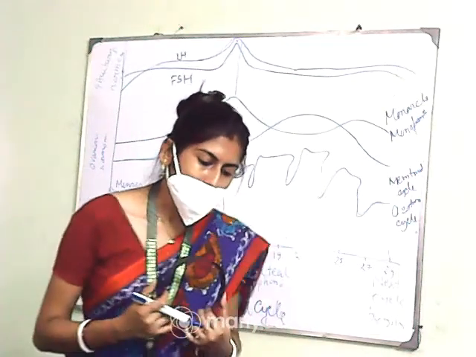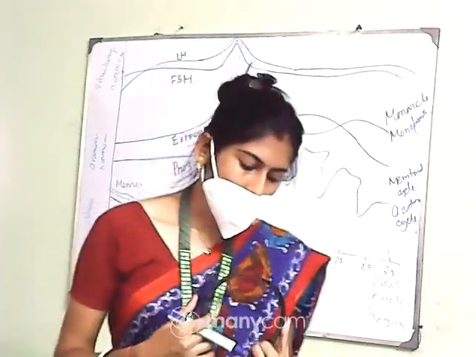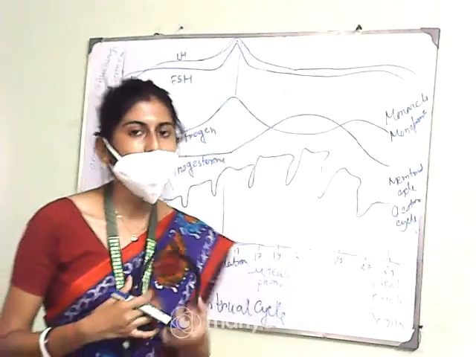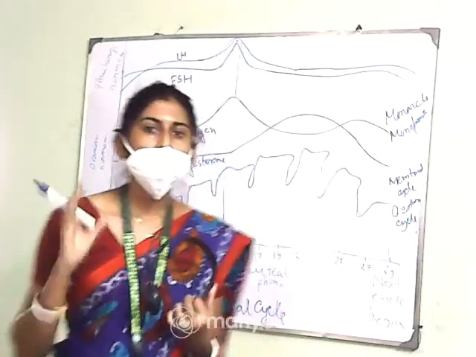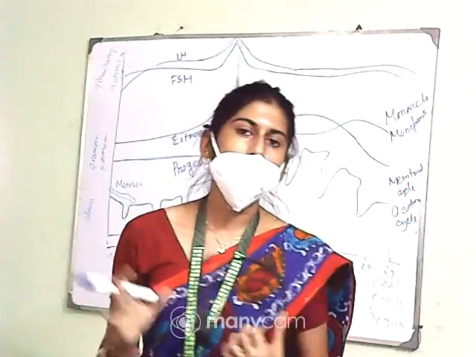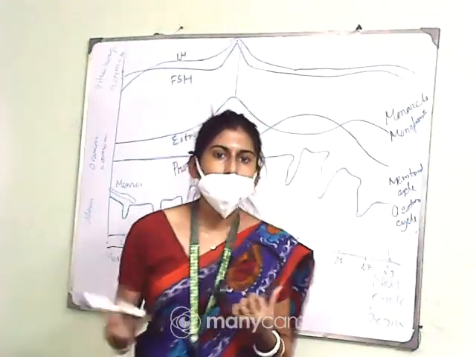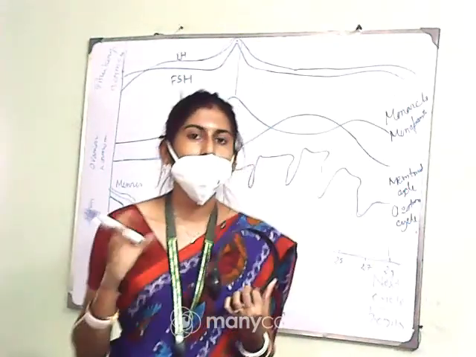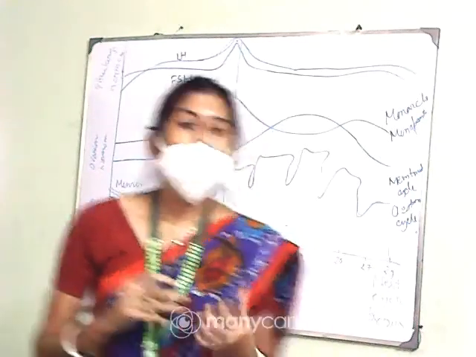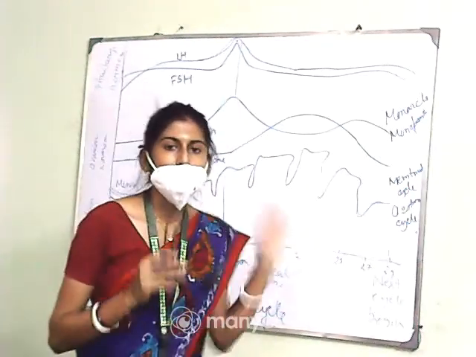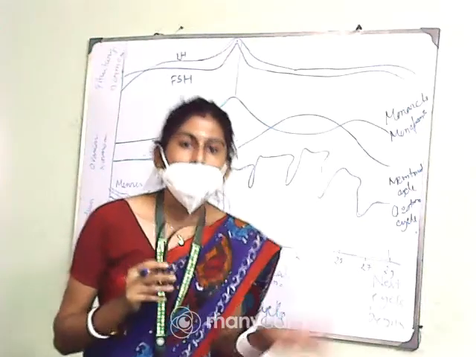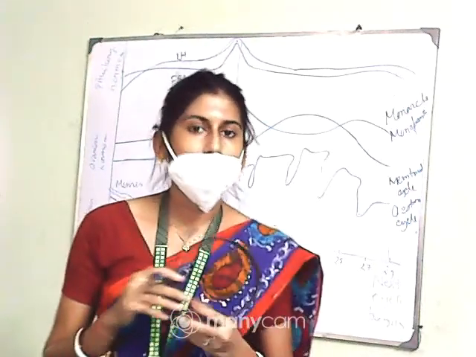And menstruation only occurs if the released ovum is not fertilized. So here you will get two conditions: what will happen if the egg gets fertilized and what will happen if the egg doesn't get fertilized. In this case, menstruation will take place only when the egg does not get fertilized.